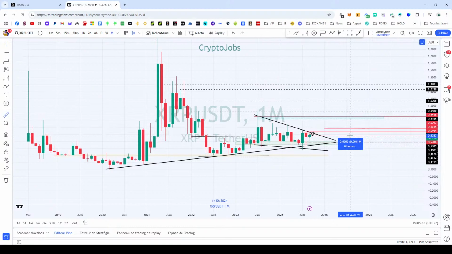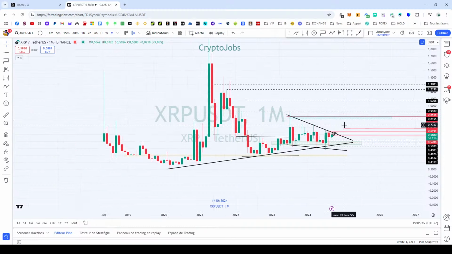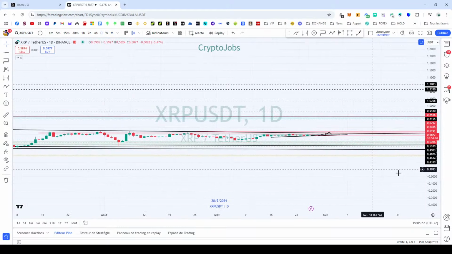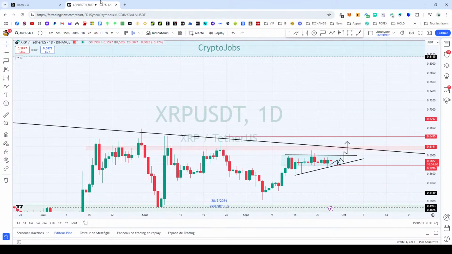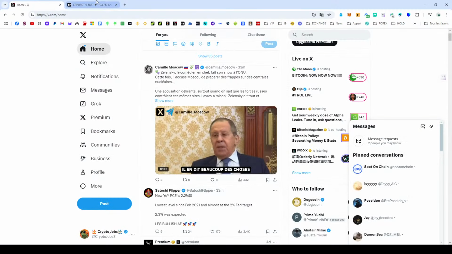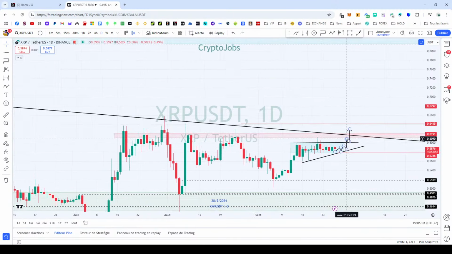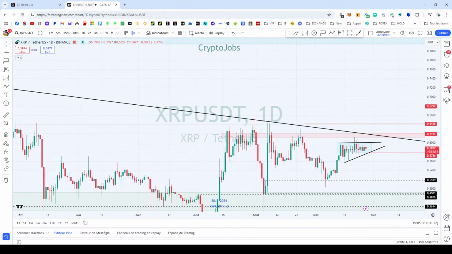So if you understand the concept behind Ripple, even at $1, it's still pretty cheap. So no matter if you buy, for me, at 0.6 or 0.4, if you are patient and if you trust the project, your gain will be much higher in a few years. But there is always a risk. But for the long term, I think it's pretty safe to be in XRP.